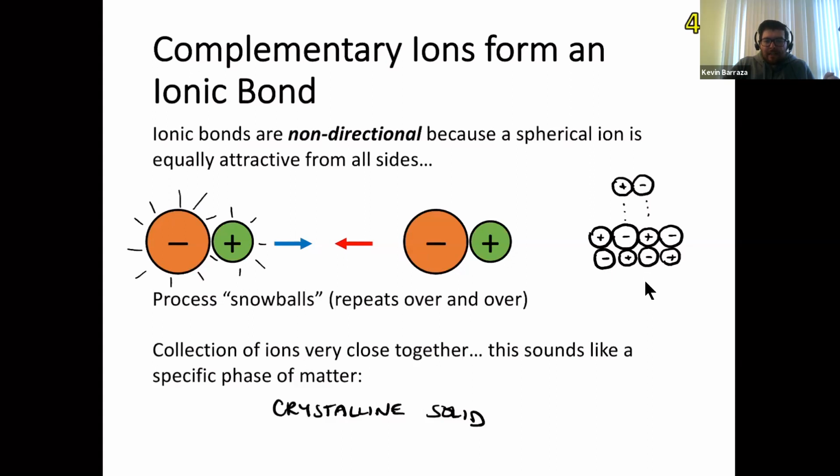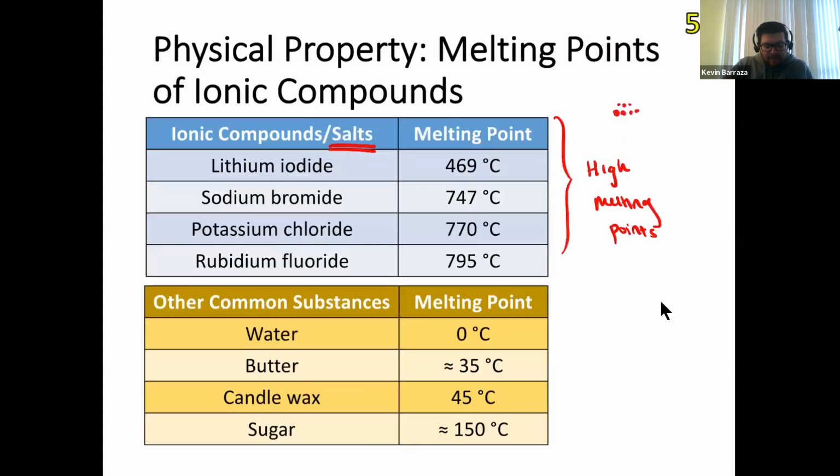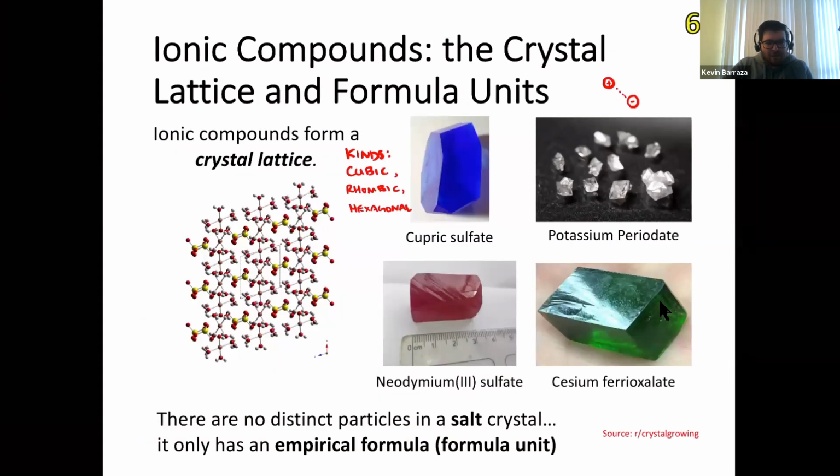If I were to ask you to pick out a single molecule, a single particle that represents all of the atoms stuck together, it's actually incredibly difficult, to the point where it's impossible to say which ion is partnered with which.